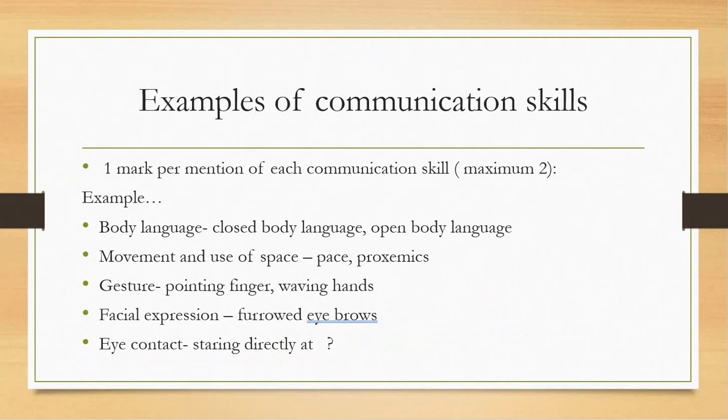So, examples of non-verbal communication skills. Now you would receive 1 mark for each skill. We could talk about body language, which could be closed body language, open body language. We could add a little bit more detail than just saying I would use body language. I would use closed body language.